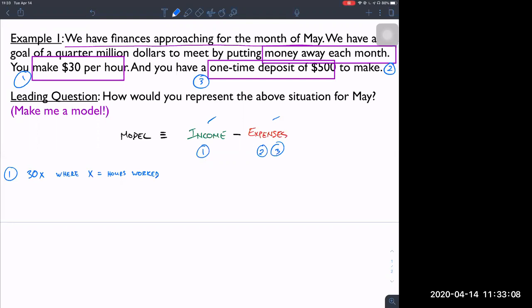Okay. And then here on the right side, I'm going to write expenses. You're putting away money each month, right? And as you should remember, this is going to be an annuity, because you know you're putting away the money each month. Since you have a goal, it's going to be future.